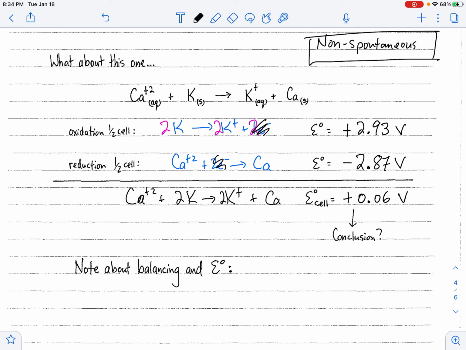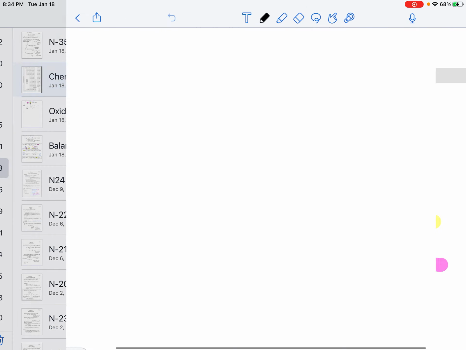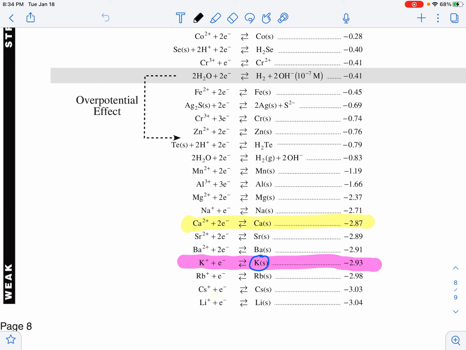It's an interesting concept, because then you can start thinking about out there in the universe, some chemicals don't like to react, and yet they're forced to by other, more dominant chemicals.